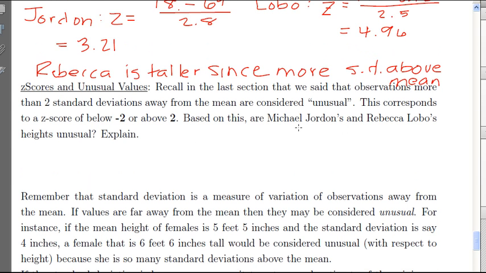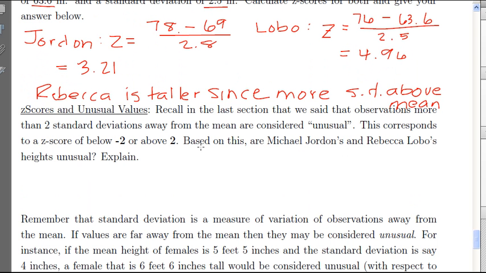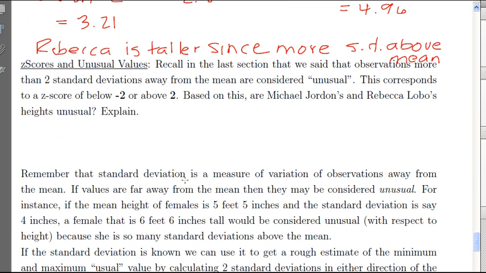Based on our z-scores, Michael Jordan was 3.2 and Rebecca Lobo was 4.96. We already said that she's taller, but both would be considered unusual because their z-scores are so high. So based on this, are their heights unusual?